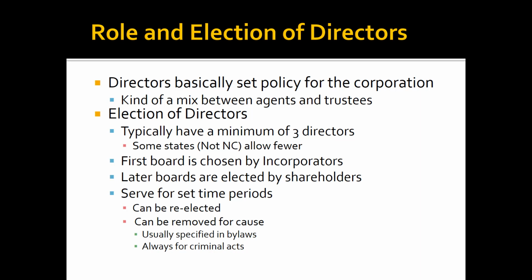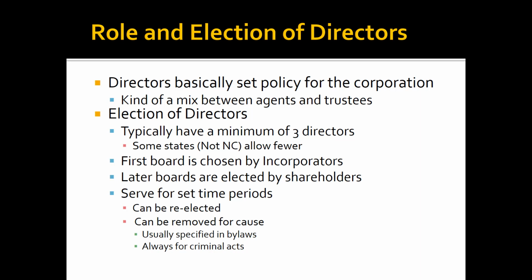The initial board of directors is chosen by the incorporators, and then later, usually at the first organizational meeting, there would be either a confirmation vote or a straight out vote when the bylaws are selected, where the shareholders will then elect the board of directors. And typically they will serve for set periods of time.